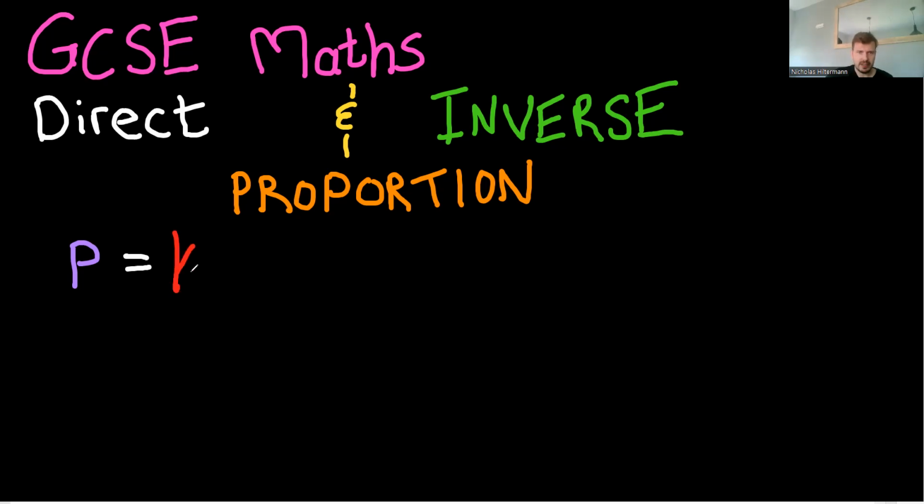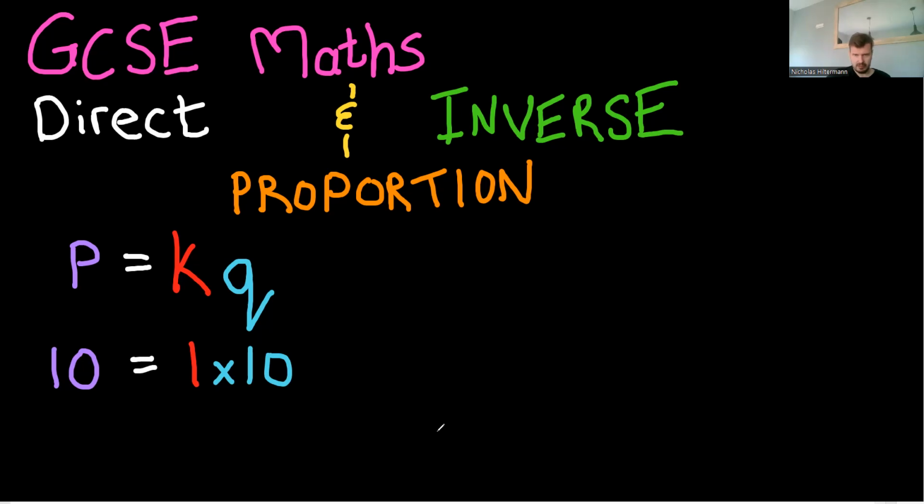P equals K and Q. Okay, so this is direct proportion, because if, say, P was 10, and let's just make K 1 for now, then Q would be 10, right? Because 1 times 10 would be 10.